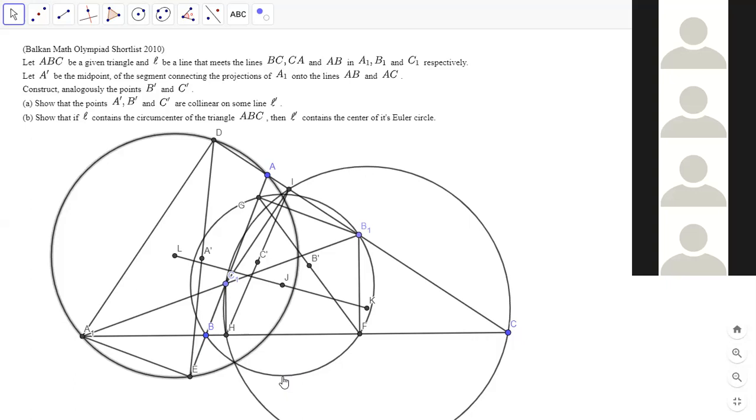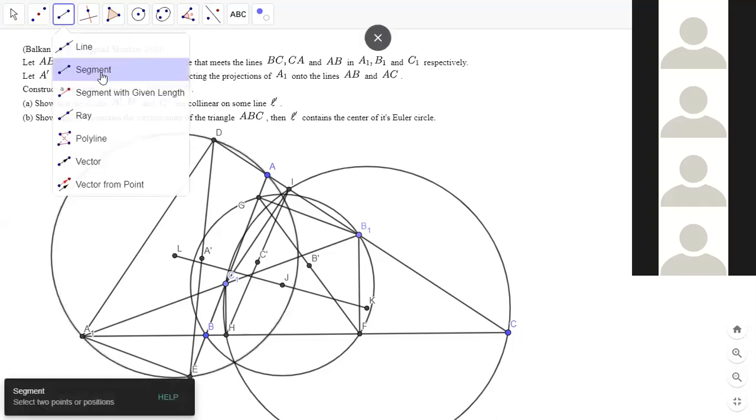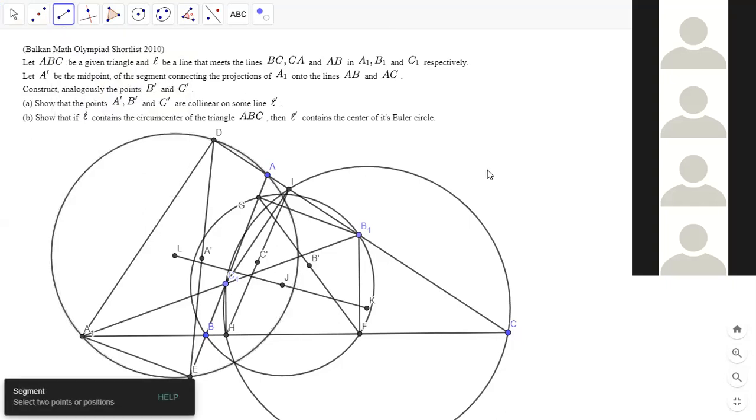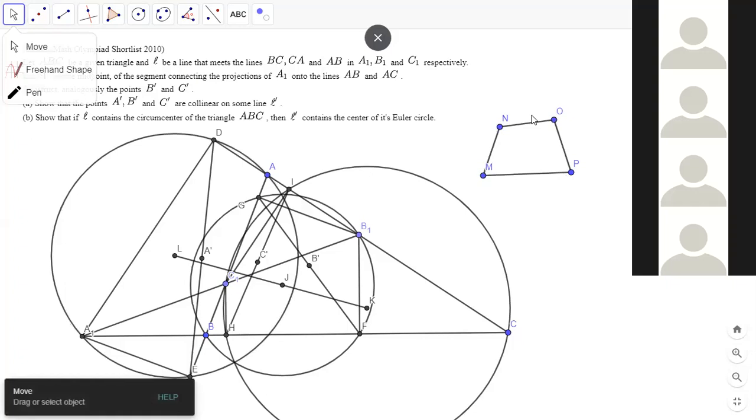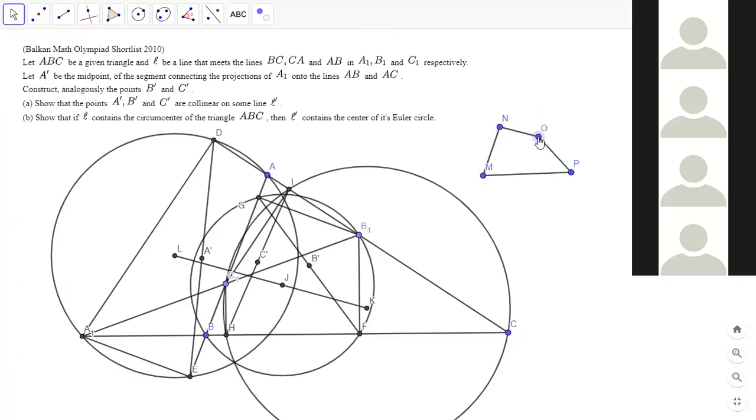Yeah. Well, wait, you haven't done any video about this yet? It's called the Steiner line. No, I did a video on the Gauss line. I did a video where if you start with any quadrilateral and you extend the sides to meet, let me see, how should I do this?